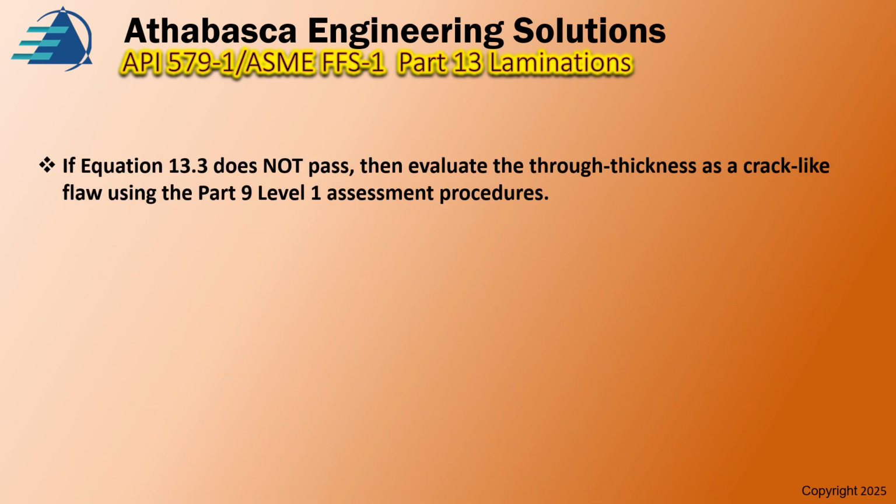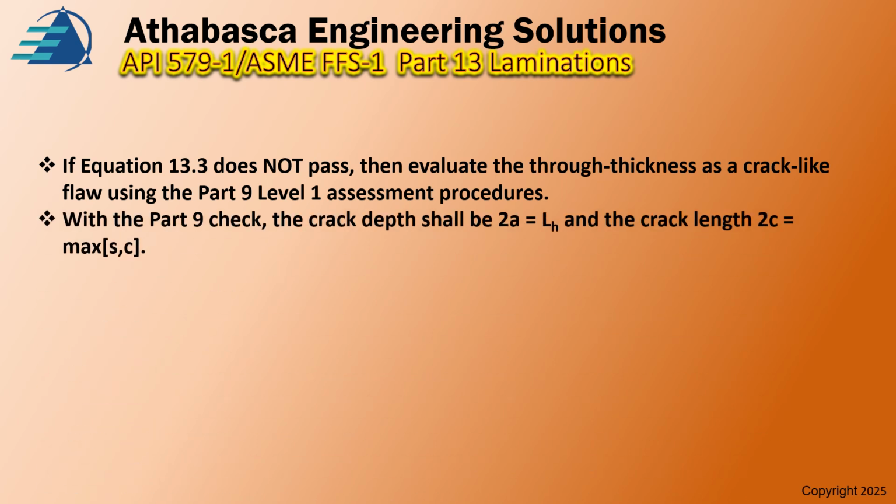I'd like to mention a couple of things about equation 13.3. If it does not pass, then we need to evaluate the through thickness as a crack-like flaw, and then we should be going to Part 9, level 1 assessment procedures.